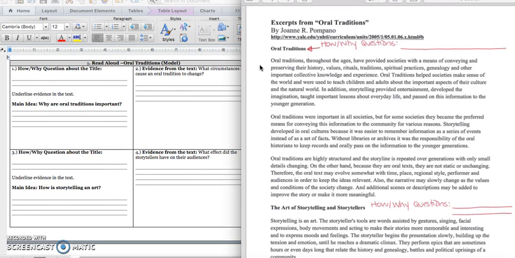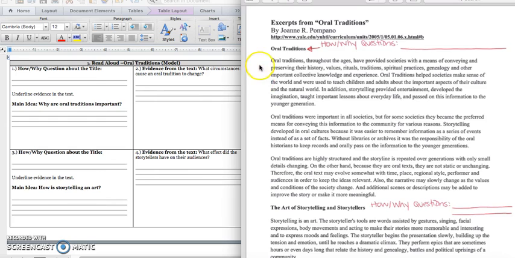Let's get started. Oral traditions throughout the ages have provided society with a means of conveying and preserving their history, values, rituals, traditions, spiritual practices, genealogy, and other important collective knowledge and experience.